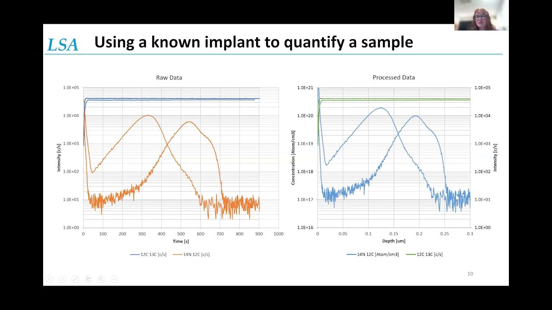And this can be used and rerun, even under different conditions, and the dose should be the same from day to day, which is really useful for industry to have numbers on your sample which you can compare continuously.